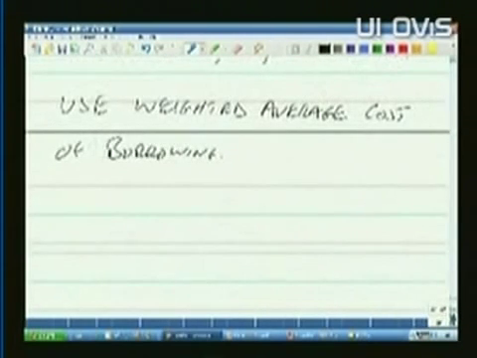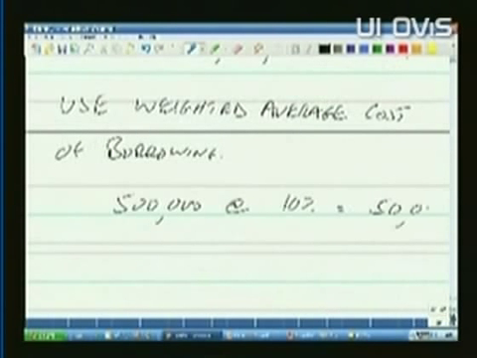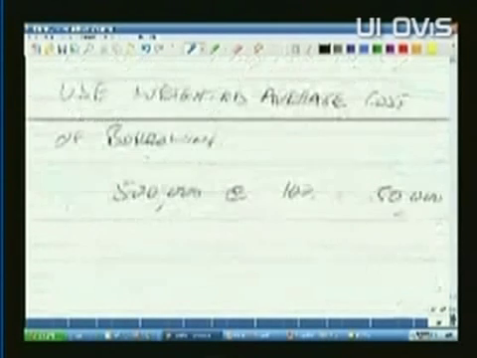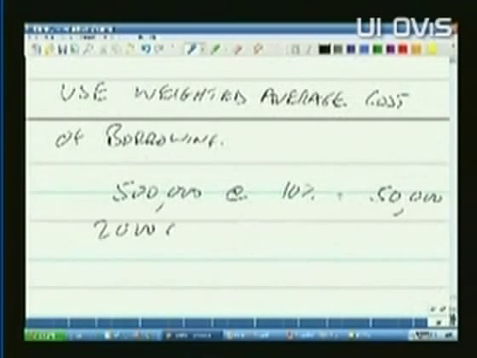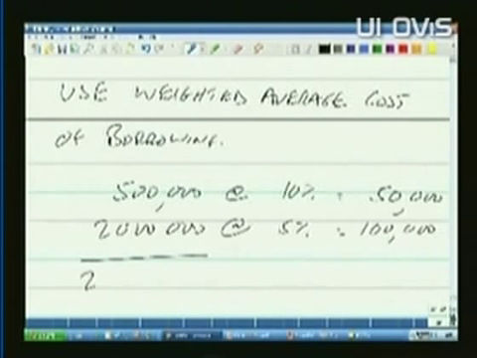Well, I've got 500,000 at 10%, so that gives me interest of 50,000, and I've got 2 million at 5%, which gives me 100,000. So on a total of 2.5 million of borrowings, I'm suffering 150,000 of interest.